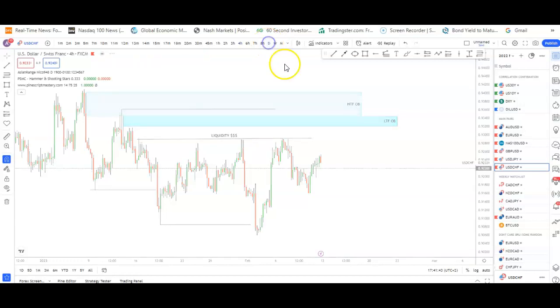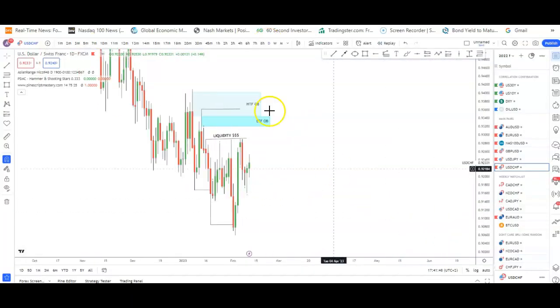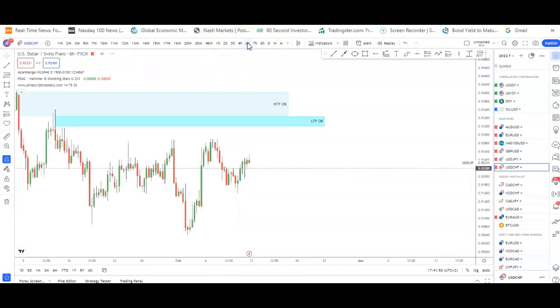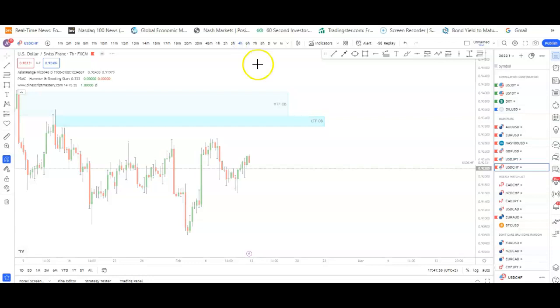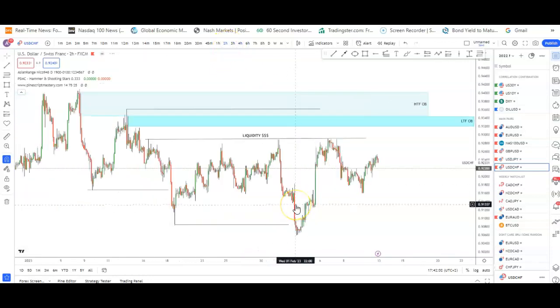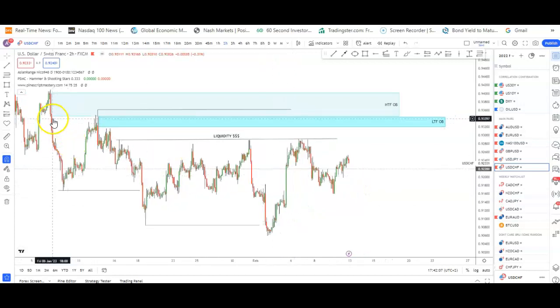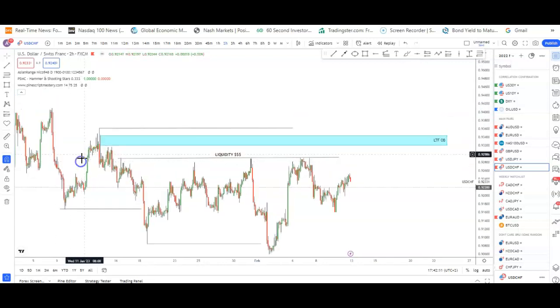Check the daily. This is a nice step from this unmitigated wick to the downside.